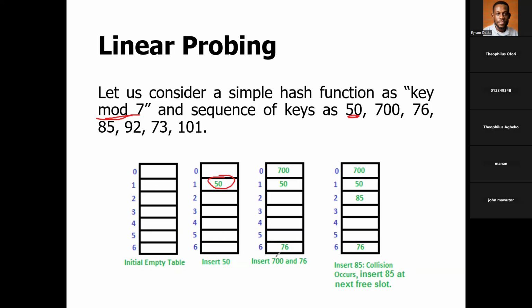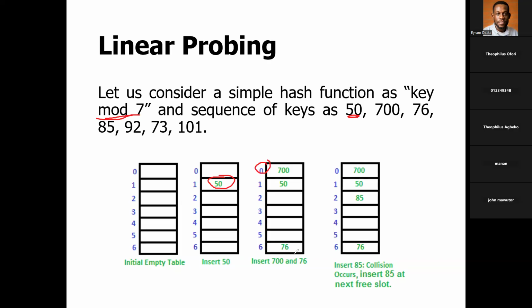Then we take 700 mod 7. What value would that give us? 0. 700 mod 7, not mod 10, is still 0. So that will give us 0.